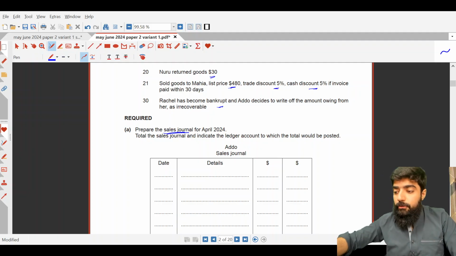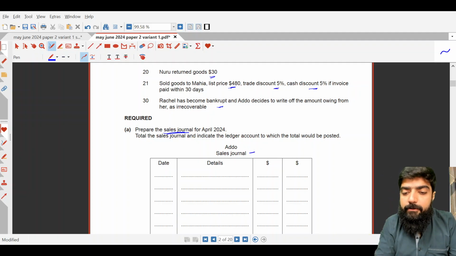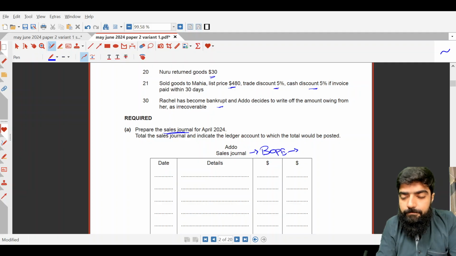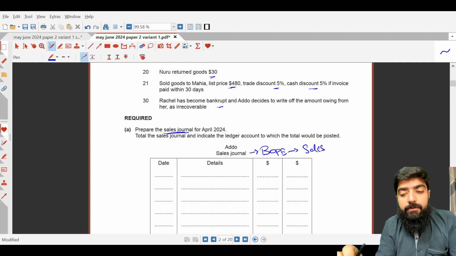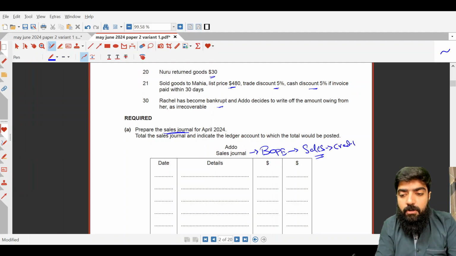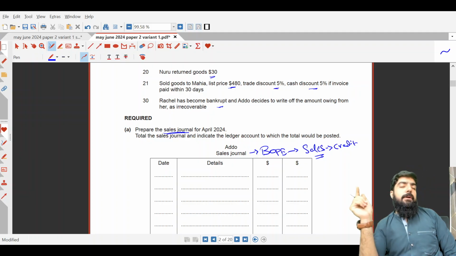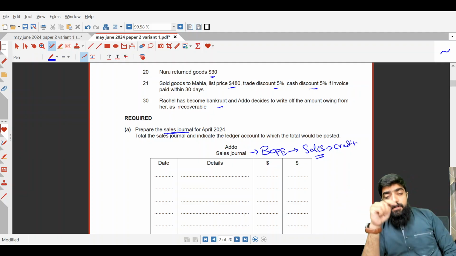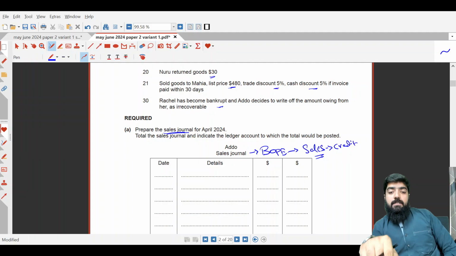The sales journal is basically a book of prime entry, right? In which we record sales transactions, in which we have sold goods to customers on credit. We do not record any purchase transaction in that book. We do not record any cash received or paid transaction in that book.